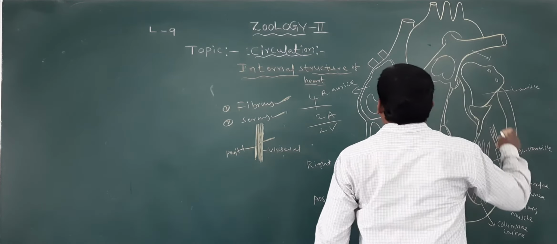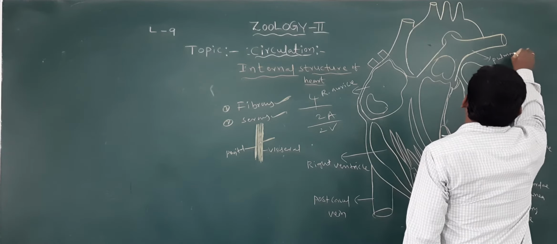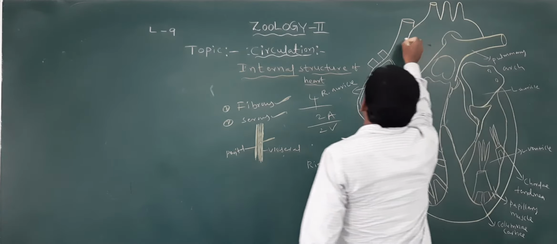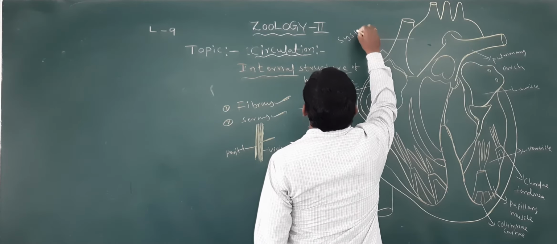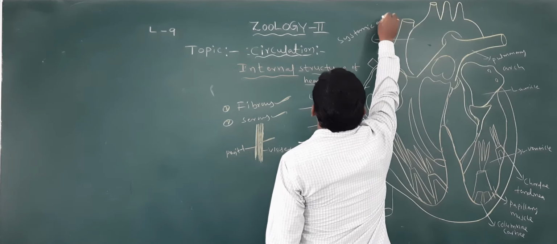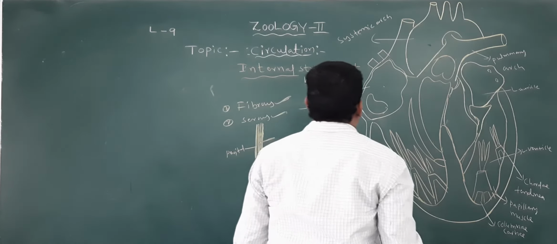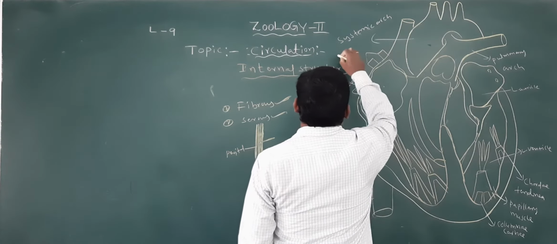This one is the pulmonary arch, and this is the systemic arch. Then there are the post-caval and pre-caval veins.